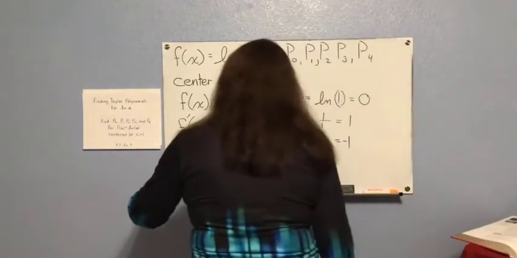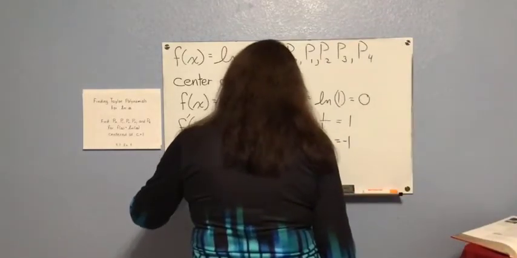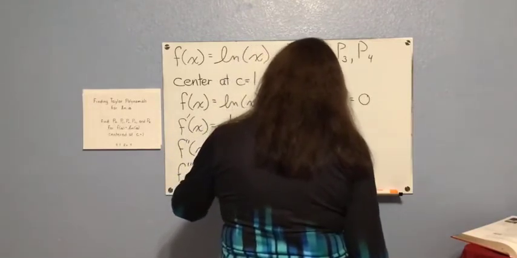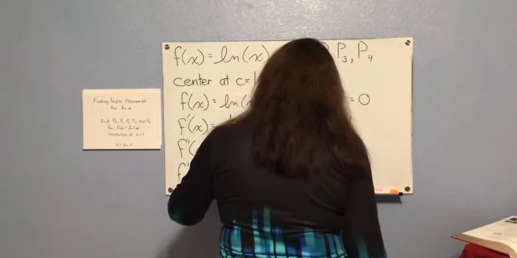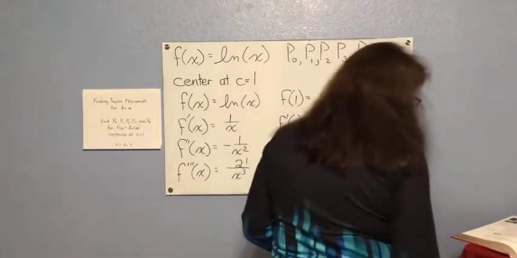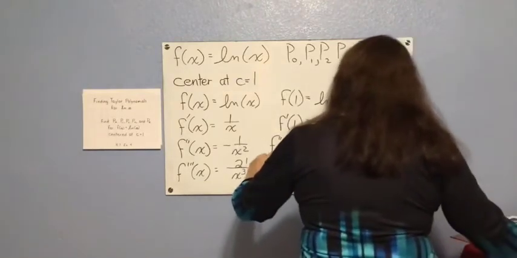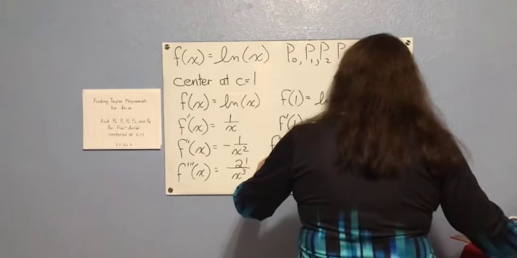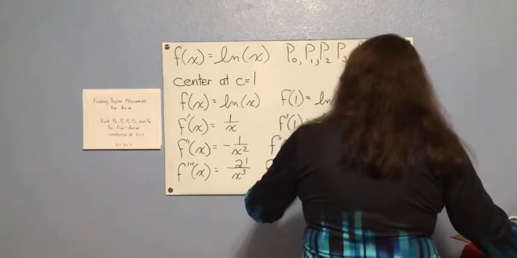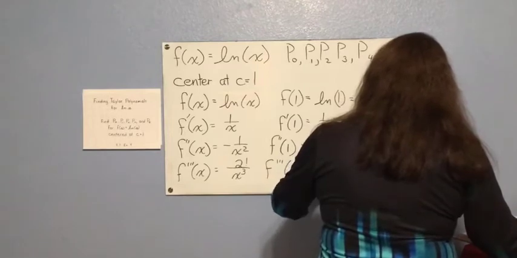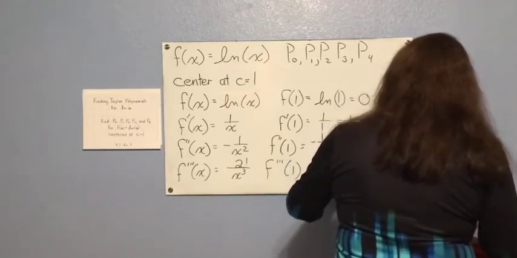The third derivative would be positive 2 over x cubed, 2 factorial, which is just 2. And so the third derivative at 1 would be 2 factorial over 1, or just 2.